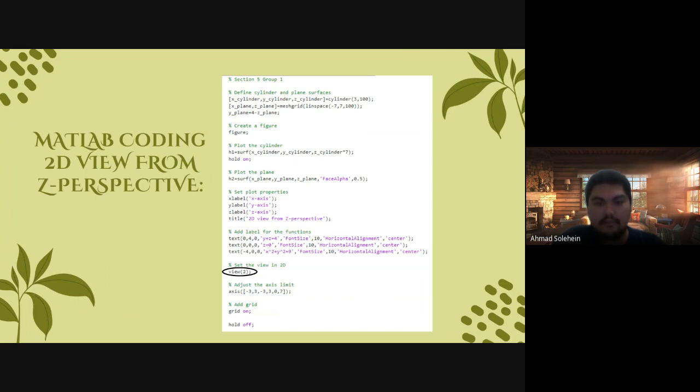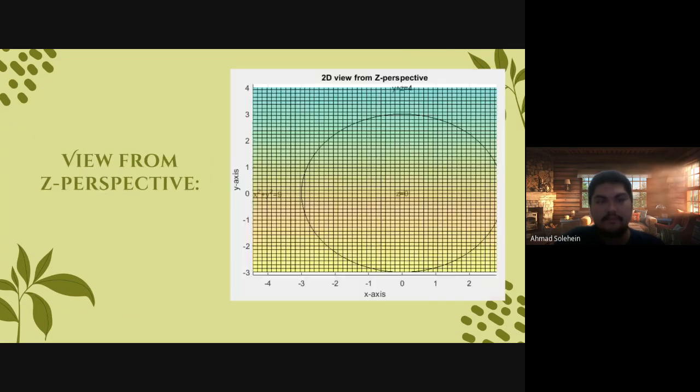Text negative 4, 0, 0, x power of 2 plus y power of 2 equals 9, font size 10, horizontal alignment center. Set the view in 2D: view 2. Adjust the axis limits: axis negative 3, 3, negative 3, 3, 0, 7. Then add the grid, grid on, and then hold off. So this is the result of the view from the Z perspective.